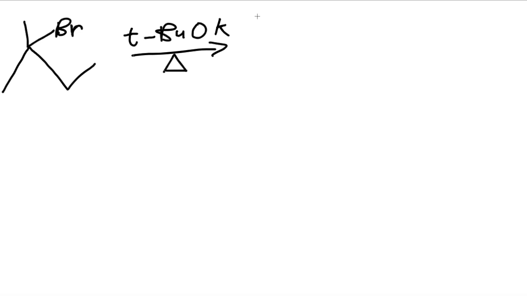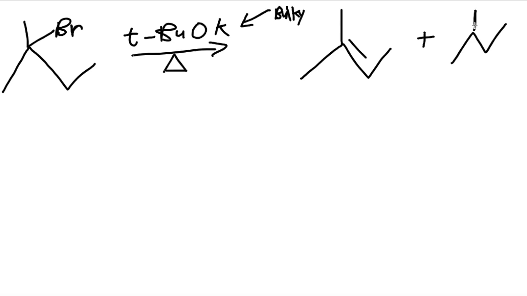But this time, our reagent, potassium tert-butoxide, is a bulky base. And so for this, our naming of the product will be different. Let's bring in the same answers as the other slide. We had this, plus the other structure that we had. Now, when it's a bulky base, do we change the names?